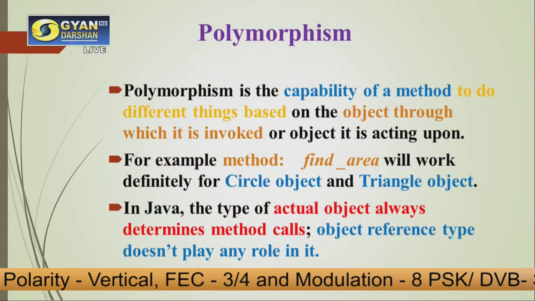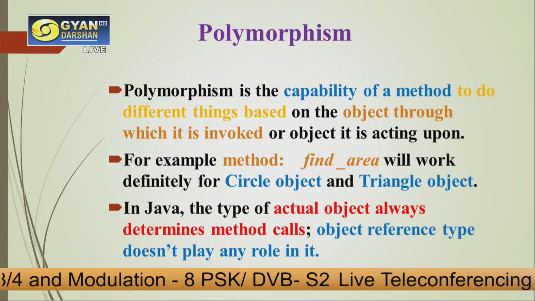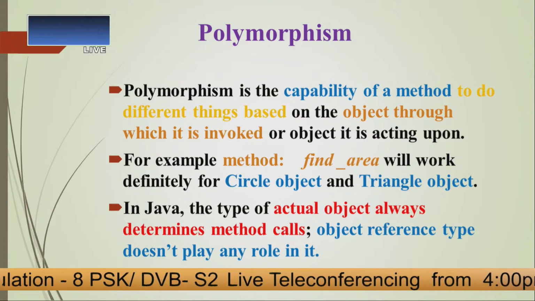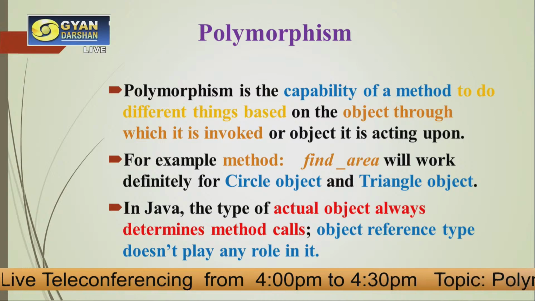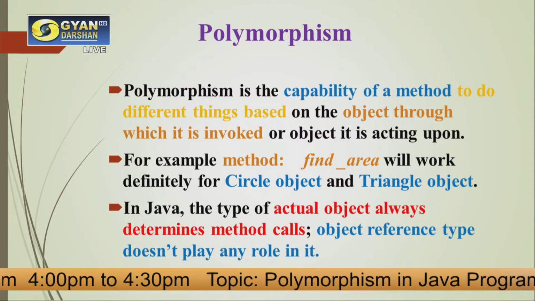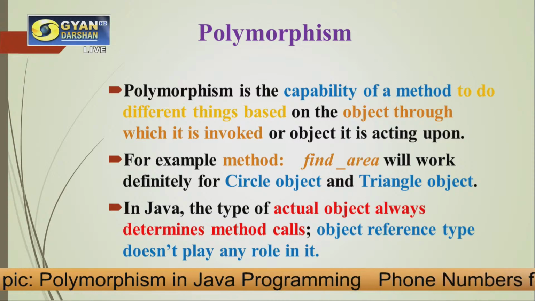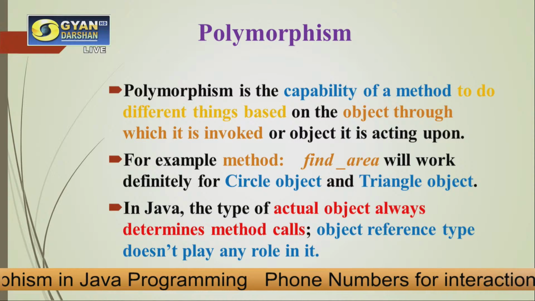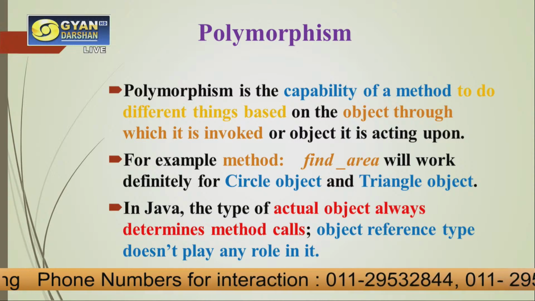Let us take one very simple example. Let us say we are writing a program to find the area of different shapes, and in that there is a method named find area. If we implement that find area method for a circle, then obviously the implementation will be different.